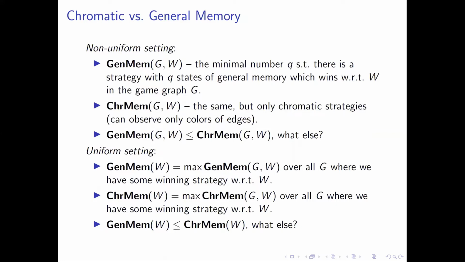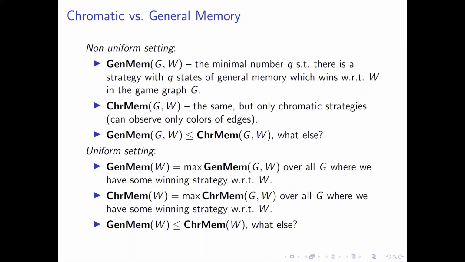In fact, in two kinds of memory, general memory and chromatic memory. And there are actually two settings. One is non-uniform. In the non-uniform setting, we are given a game graph G and the winning condition W. And then general memory of G and W is the minimal number Q, such that there exists a strategy with Q states of general memory, which is winning for W in the game graph G.